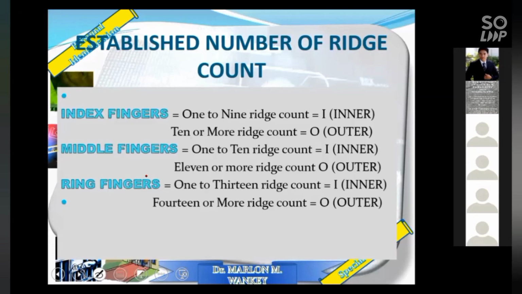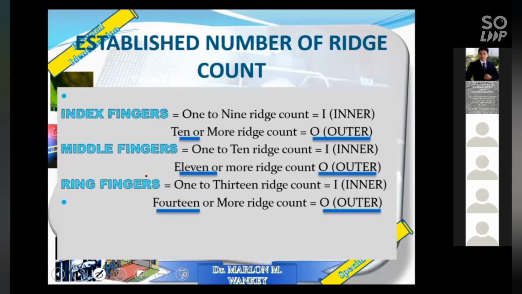For index, 10 is outer. 11 for middle finger and 14. At 10, 11, 14 and above, they are all outer. So 10, 11, 14, you know it, because there are only three fingers: index, middle, and ring finger. Again, 10, 11, 14. They are all outer.